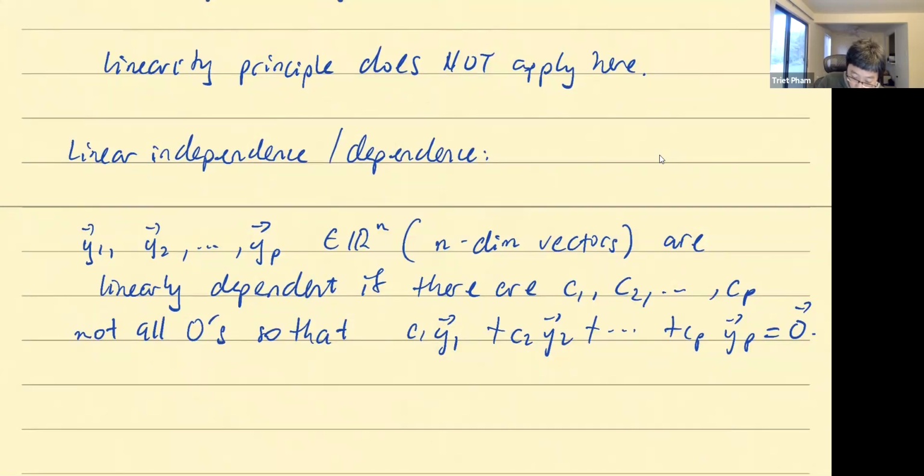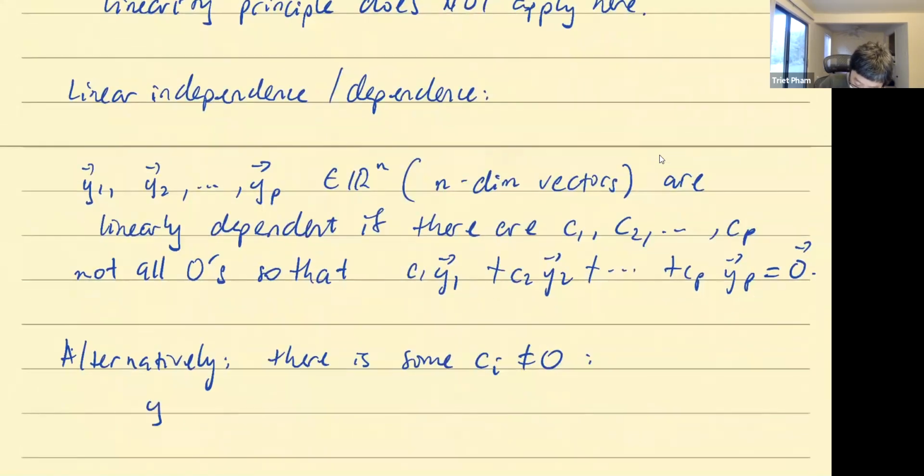So alternatively, because not all of them are zeros, that means that there is some Ci that is non-zero, so you can divide.